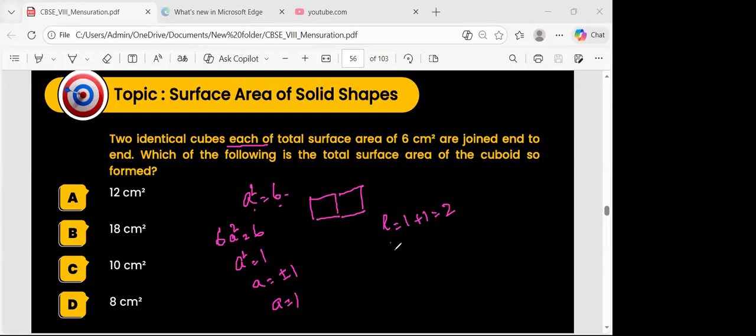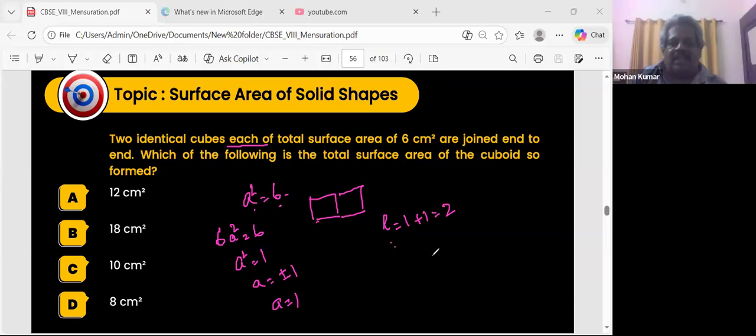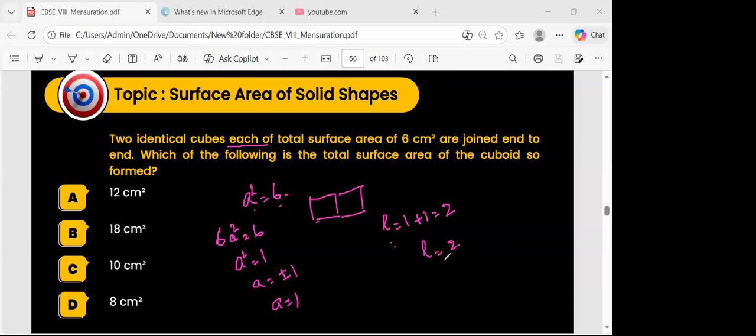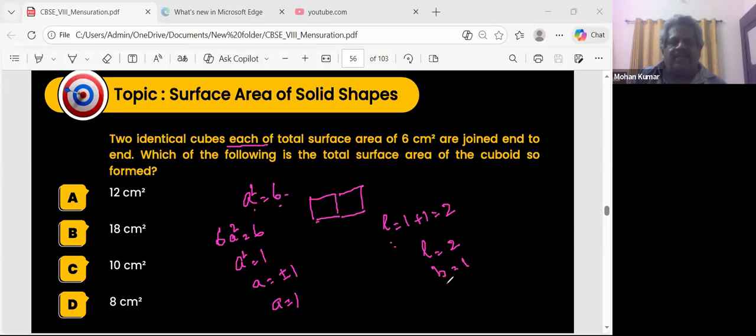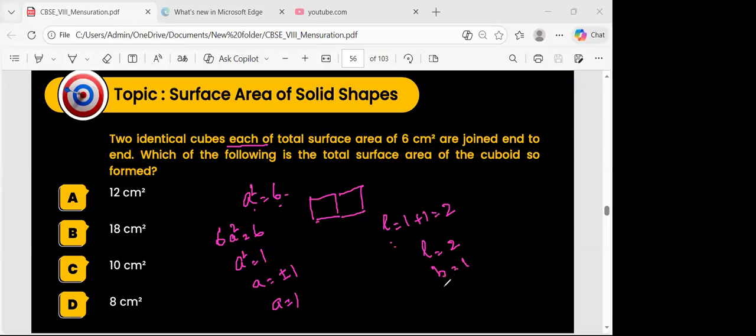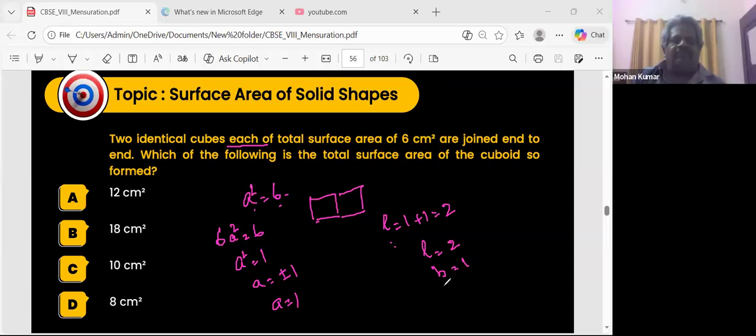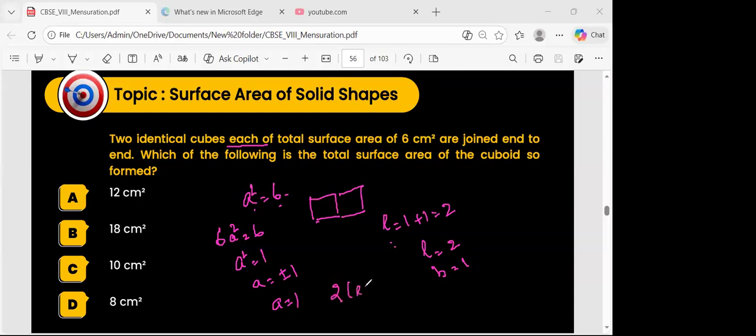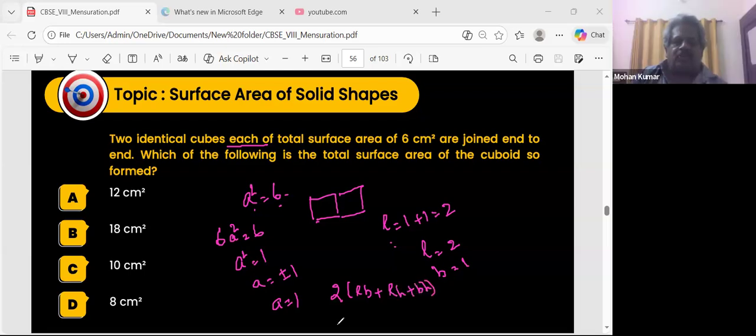So the answer is 10, C. Yes, sir. L equals 2 is coming. Then I got it correct due to my logic. Now he's explaining it. So we want just one answer, that is 2, so it's going to be 2(LB plus LH plus BH).